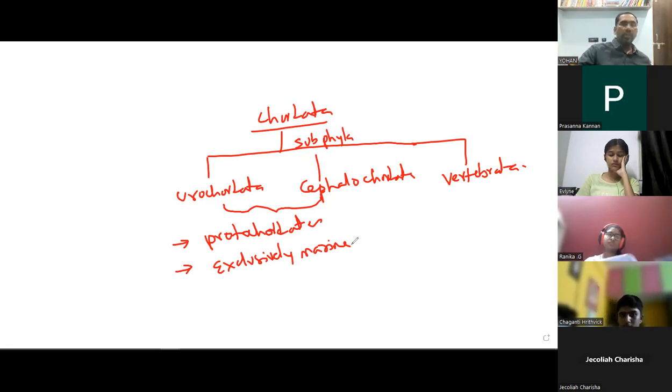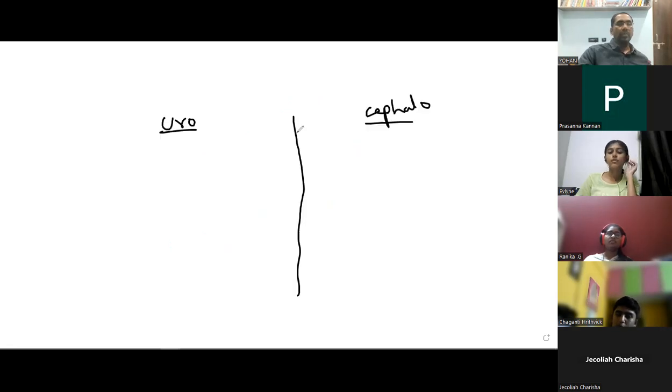Then coming to the special features of urochordata. What are the common features in both, the completely marine ones commonly called protochordates? Look at the diagram given in the textbook. Ascidian is given. It's a sessile form.